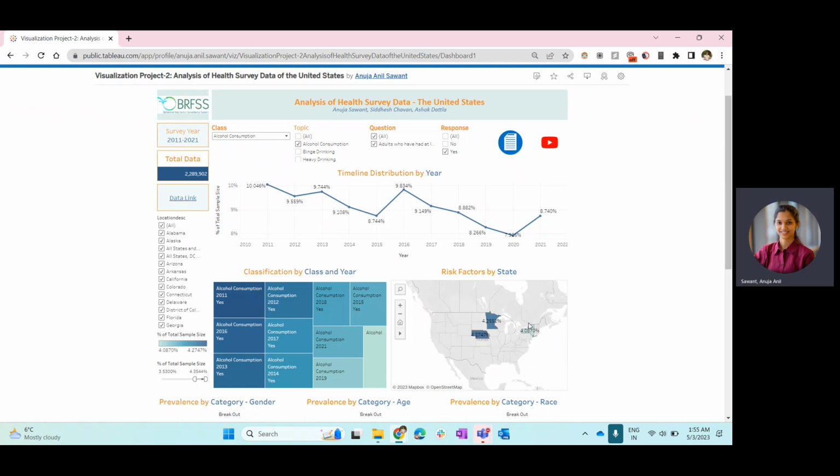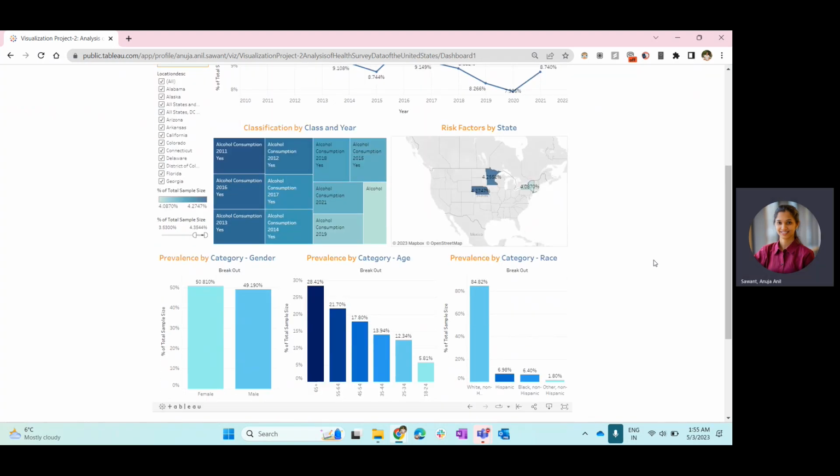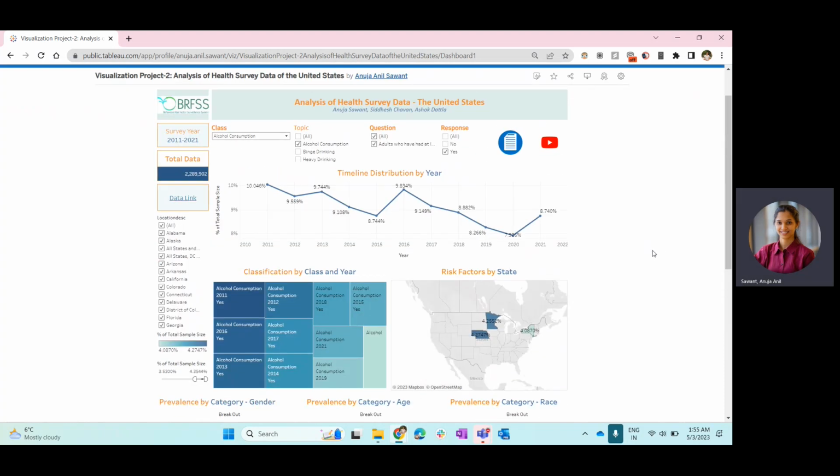Minnesota, Nebraska, and New York are the ones which recorded the highest alcohol consumption, and under the category age, the age group 65 plus is the one with the highest alcohol consumption.